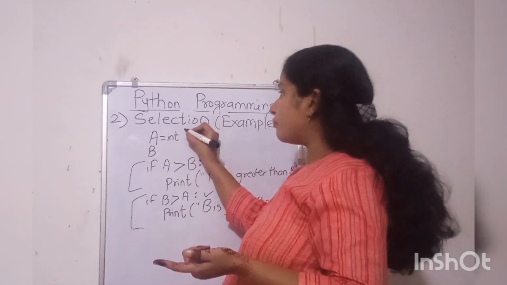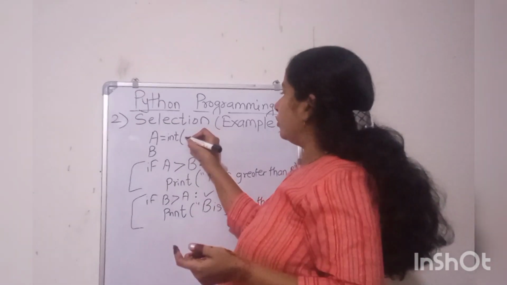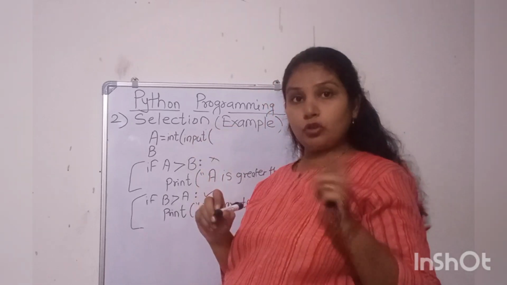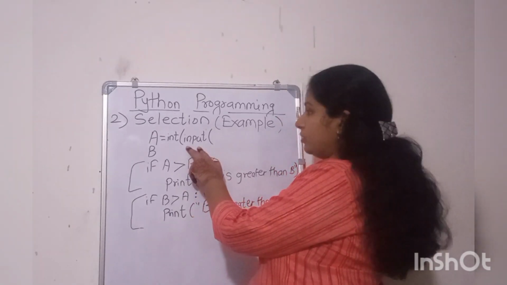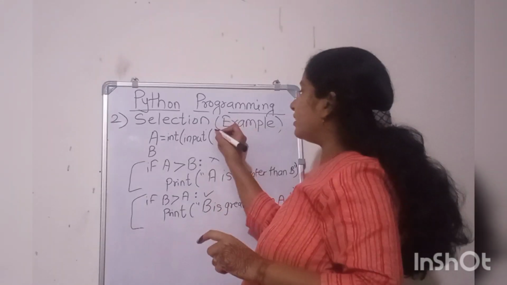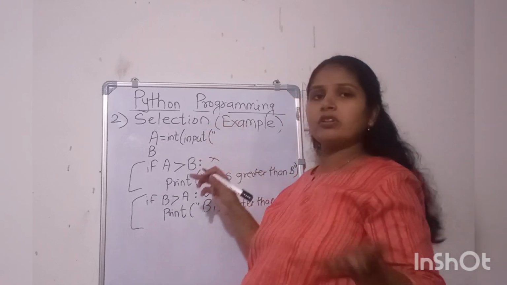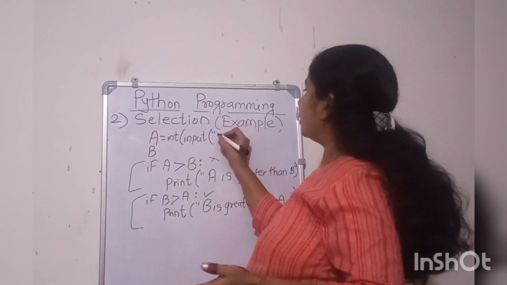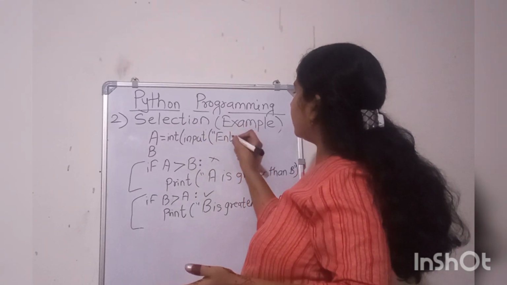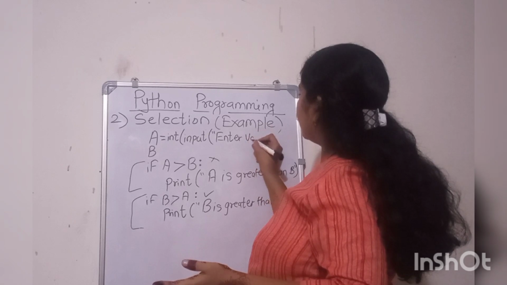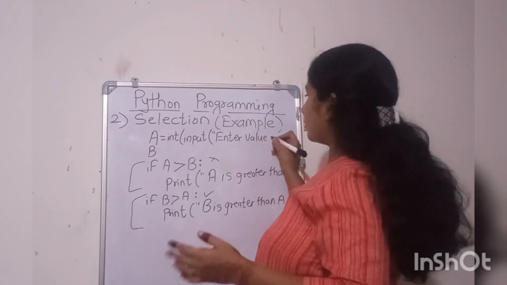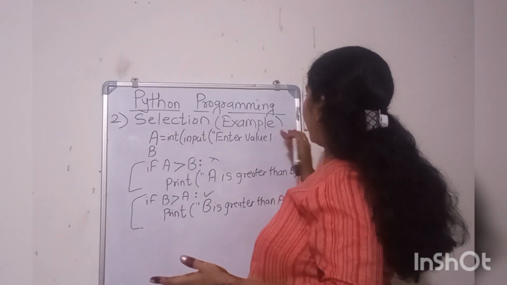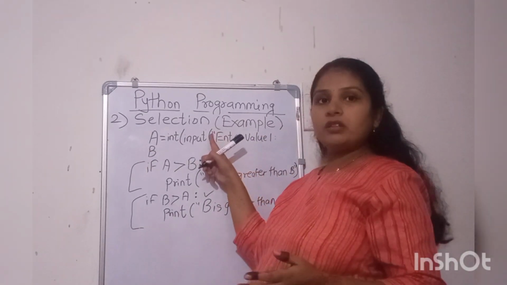In the integer function I am taking the input. So I am going to open the input function, and then give one message for the user, what you want. So input, here just display one message, enter value 1, for A.